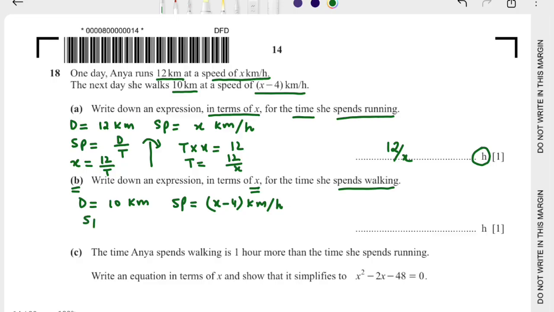So speed is equal to distance over time, and time is distance over speed. So distance is 10 and speed is x minus 4. This is the answer.